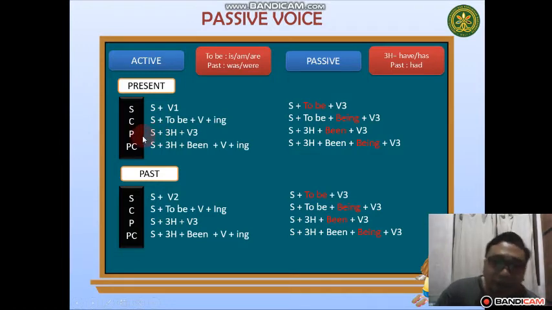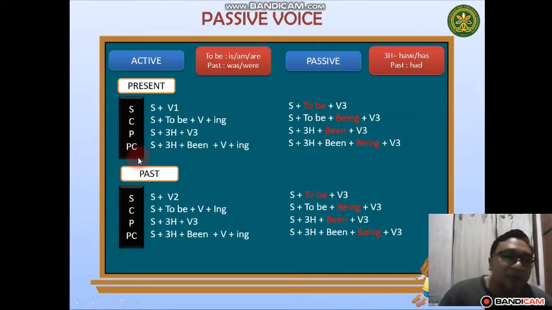So for the perfect one, it is subject plus 3h, which means have or has; in the past, use had. For the passive one, use subject plus 3h plus been plus verb 3.